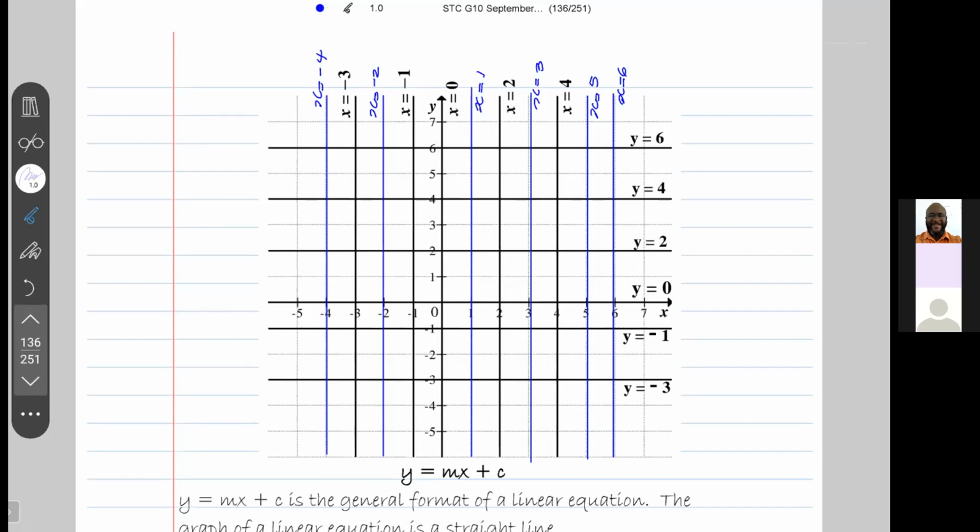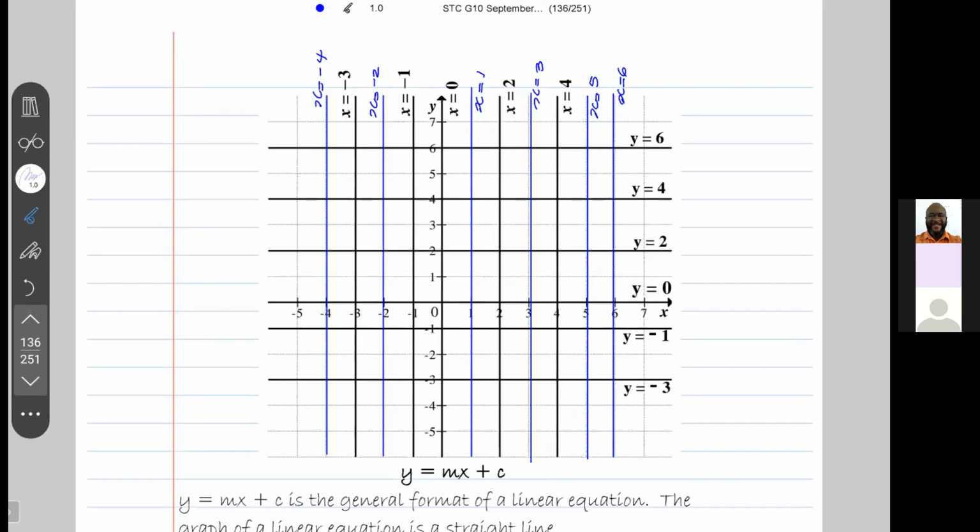Know it, learn it, and it gives you an edge over your friends. The equation of all vertical lines is x is equal to something. Every line you draw on a graph sheet has an equation. If the line is vertical, the equation of the line is x is equal to a number. The y-axis, which is a vertical line, is the line x is equal to 0.